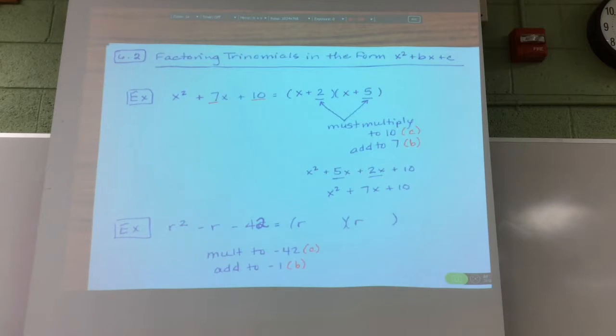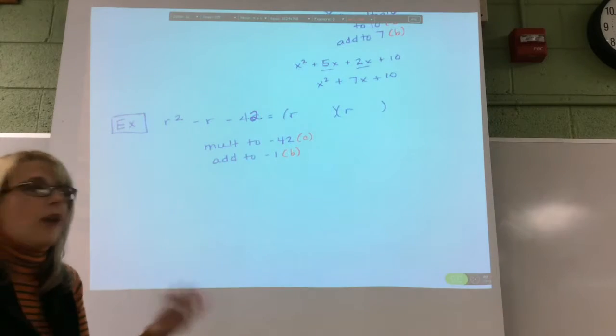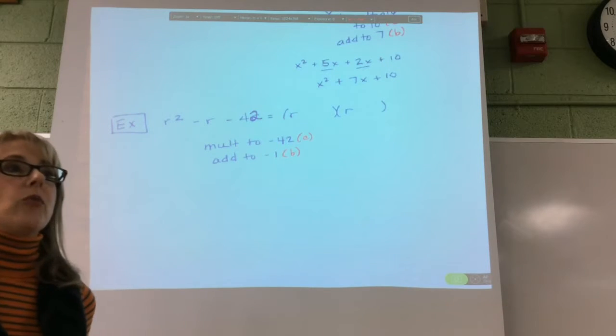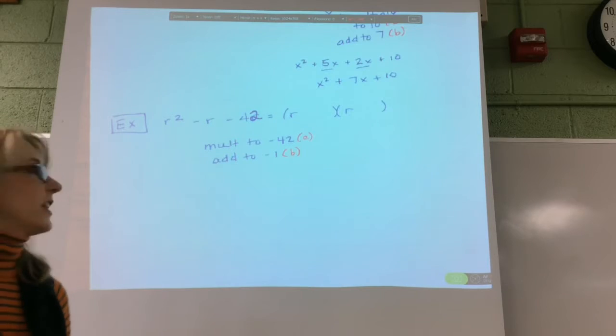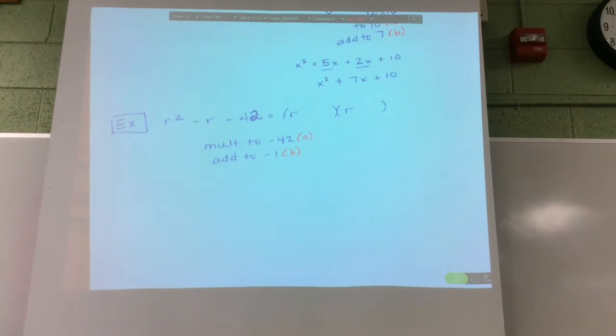Now, we have to figure out what that could be. Because I know my multiplication tables inside out, I can tell you right away, but this may be a little more difficult for you. So let me go over a good strategy. We start with this negative 42 and think of things that multiply to negative 42.